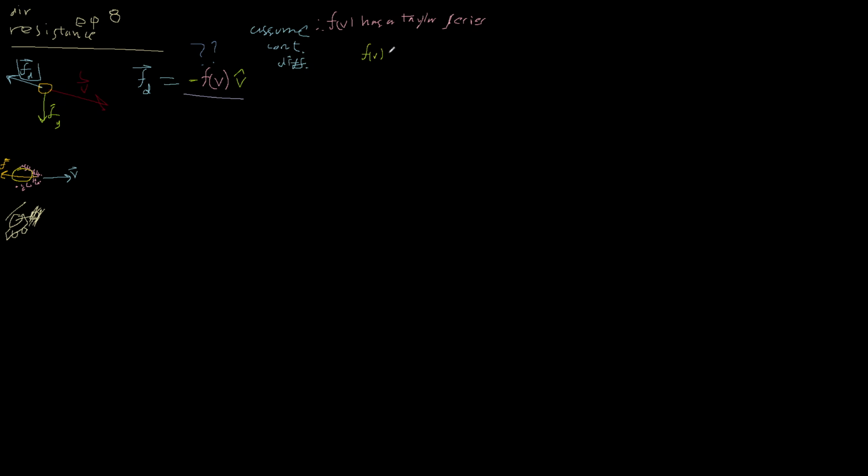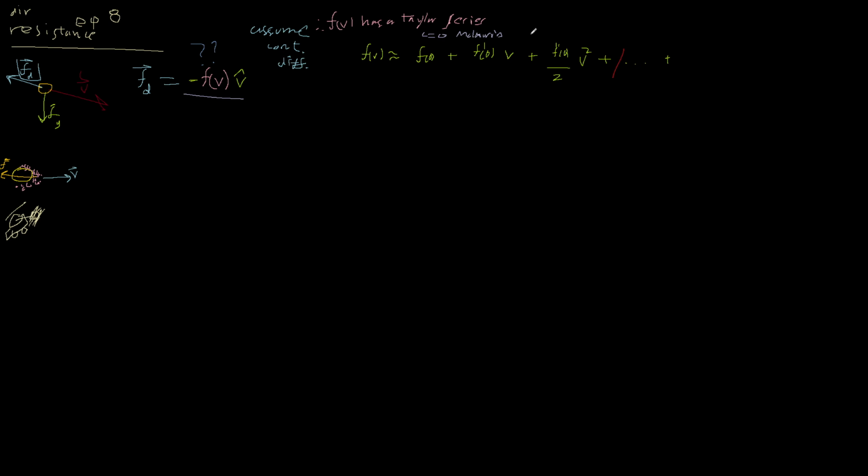F of v is approximately equal to F of 0 plus F prime of 0 times v plus, and obviously this is a Taylor series with c equals 0, so it's a Maclaurin series, plus F double prime of 0 over 2 times v squared, and then I am going to cancel all the other stuff. We don't care about that.